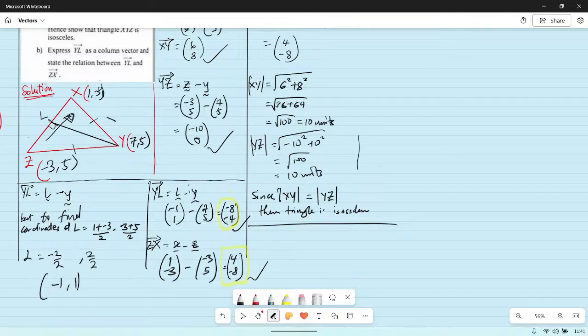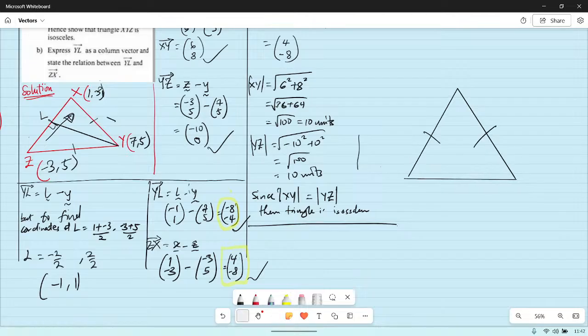If you have two isosceles triangles, this and this are equal. Automatically, when you bring a perpendicular here, it divides this one into two equal parts, and it becomes a perpendicular height.